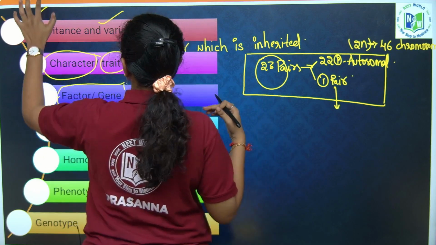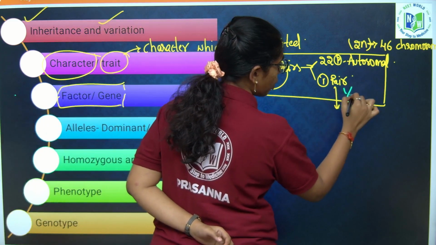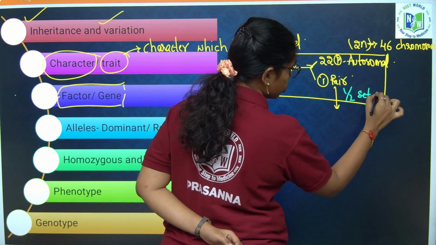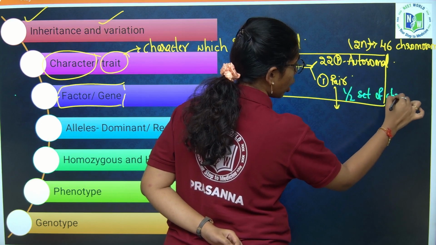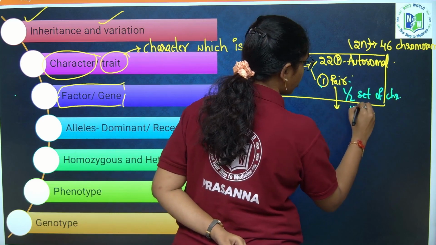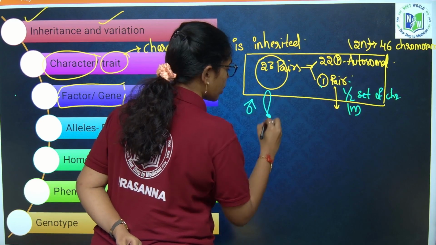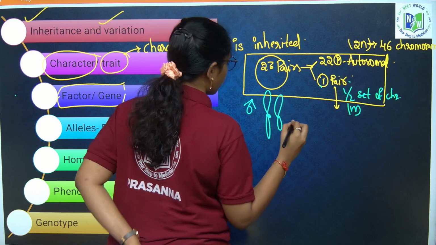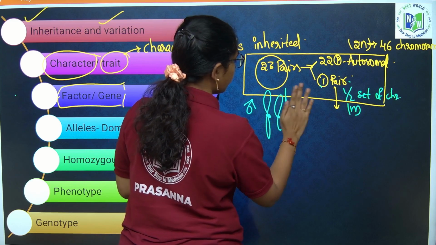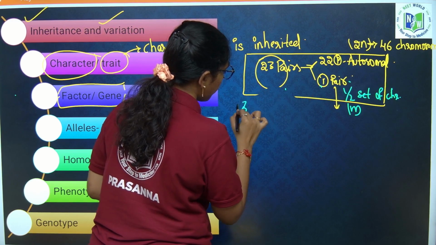So let us assume there is a haploid set of chromosomes, both for male and female.